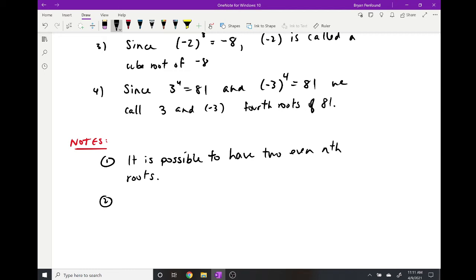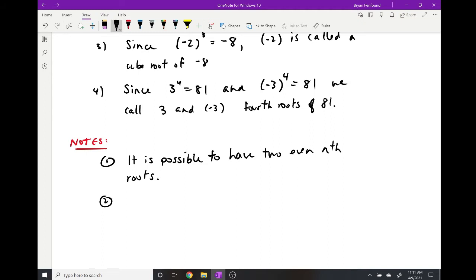If we think about an even number of negative signs, that's going to come out to be an overall positive number. And if we think about an even number of positive signs, that also comes out to be a positive number. So this is why it's quite possible to have two even nth roots when I'm thinking about a fourth root or a sixth root or even the square root.